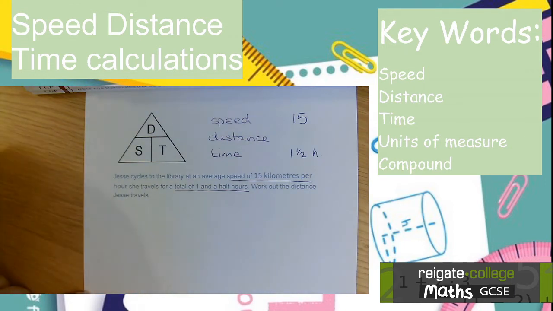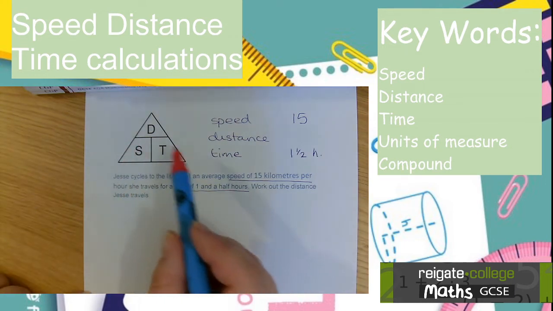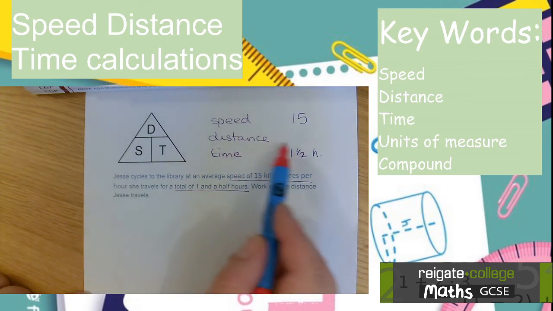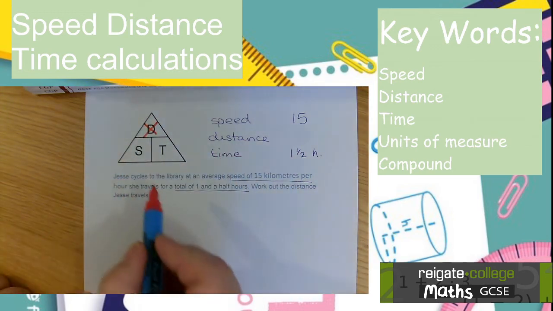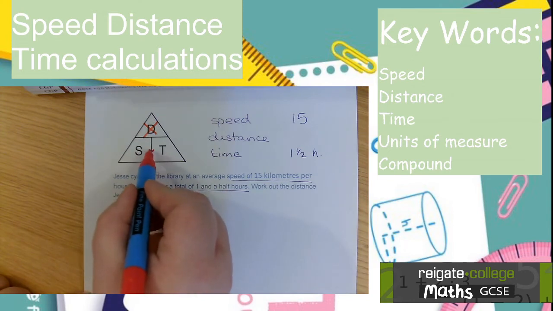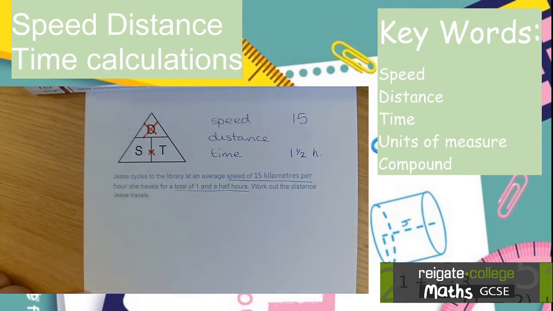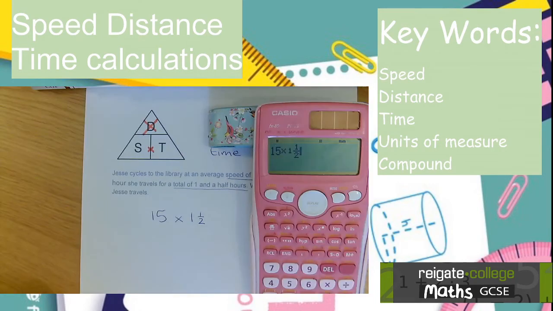So again, on our speed distance time triangle, we're going to cross out what we don't have, and that's distance, and we're left with the calculation of speed multiplied by the time. So if speed is 15 and time is 1.5, doing that calculation on the calculator, it's going to look like this.